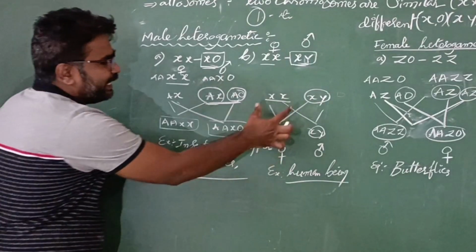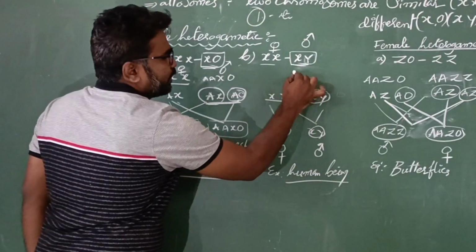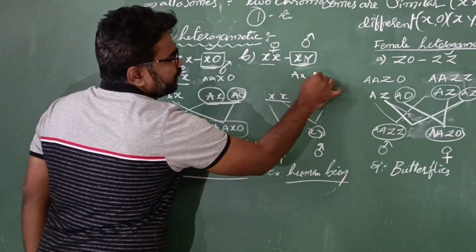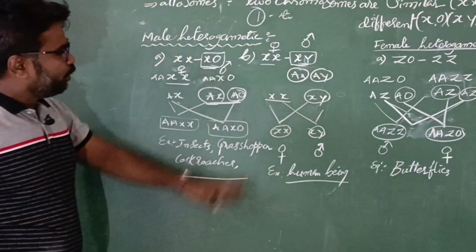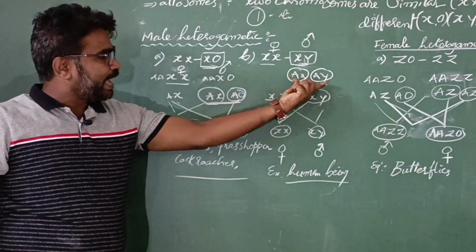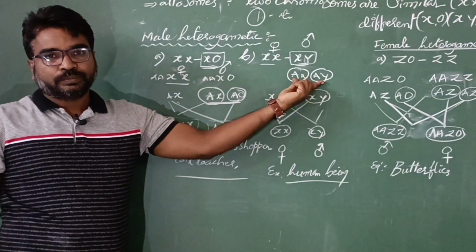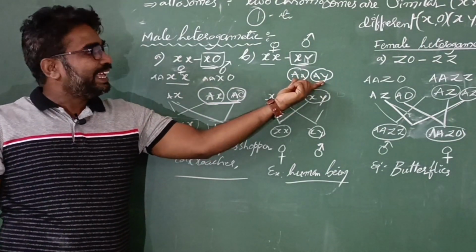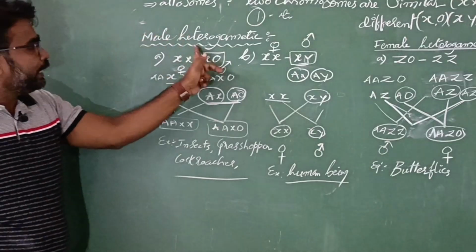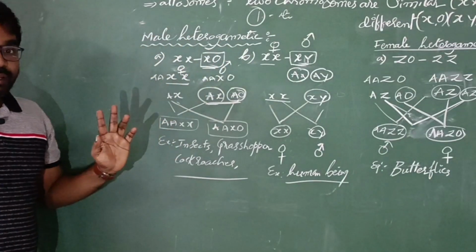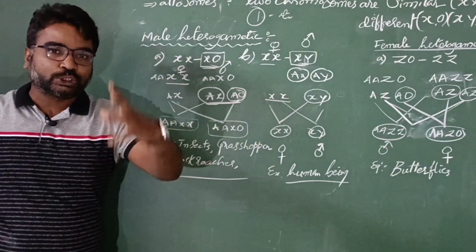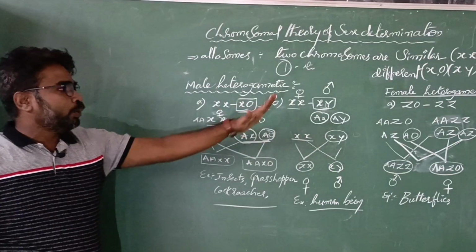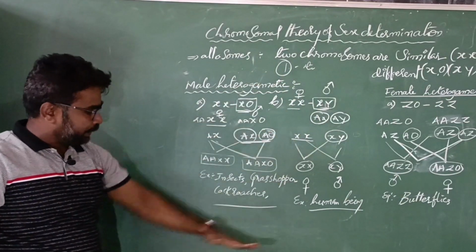Okay, like that here also, A X, A Y. Like that in human beings also, two different gametes are produced here. So we call it male heterogametes. Male organism can produce different gametes, so we call it male heterogametic sex determination.